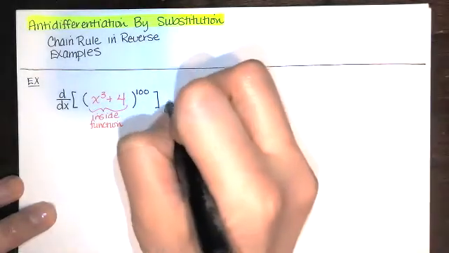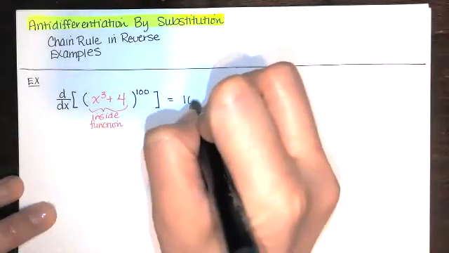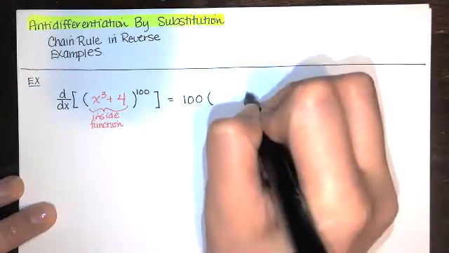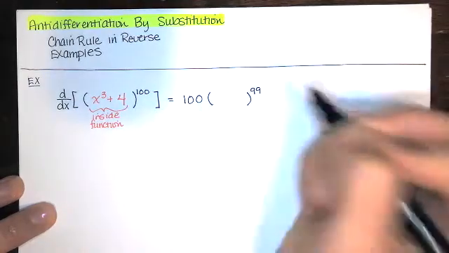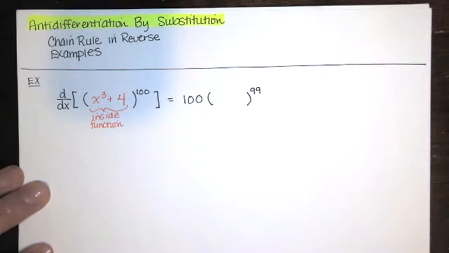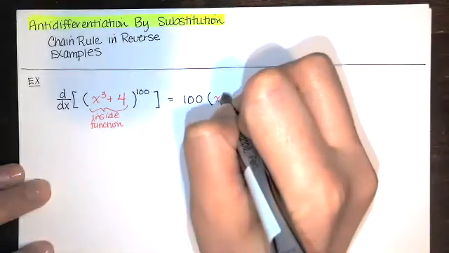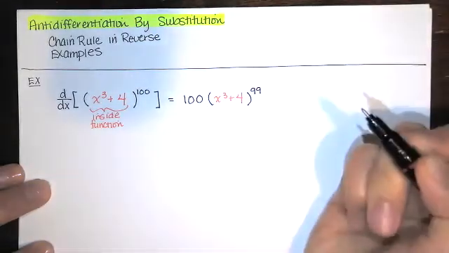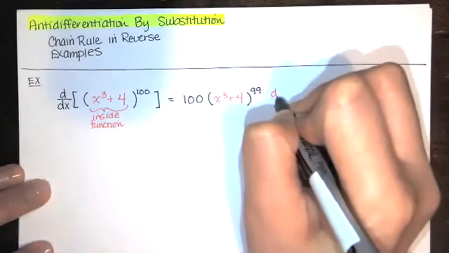So when I take the derivative, I bring the 100 down and then I multiply by my function to the 1 less power. And that's what the chain rule says to do. It says take the derivative of the outside function, evaluate it at the inside function, and then multiply by the derivative of the inside.